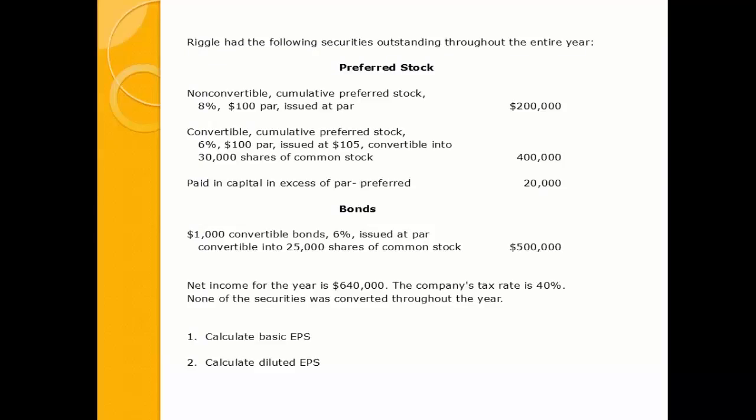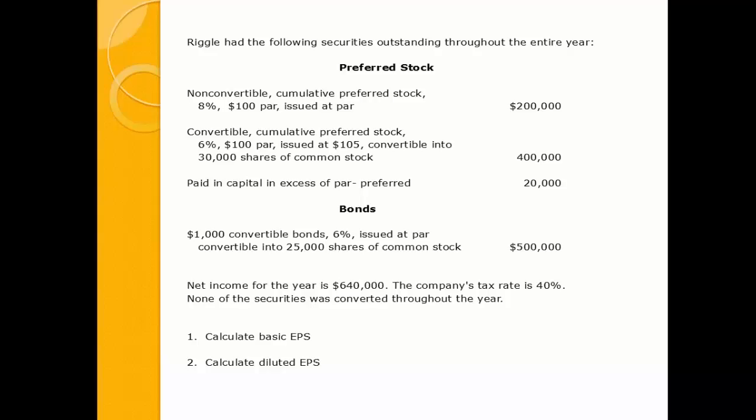Regal has the following securities outstanding throughout the year. We have a non-convertible cumulative preferred stock, 8%, $100 par, issued at par, $200,000. We then have a convertible cumulative preferred stock, 6%, $100 par, issued at 105, convertible into 30,000 shares of common stock.